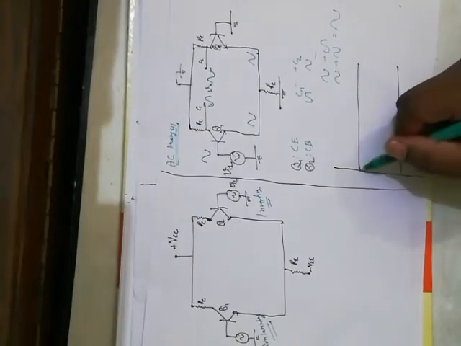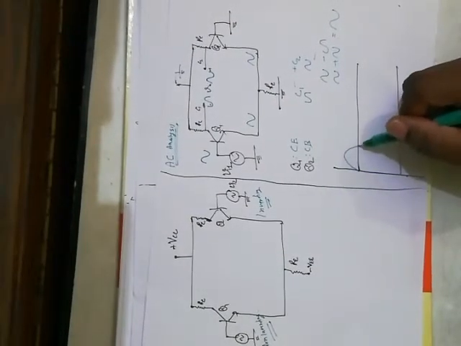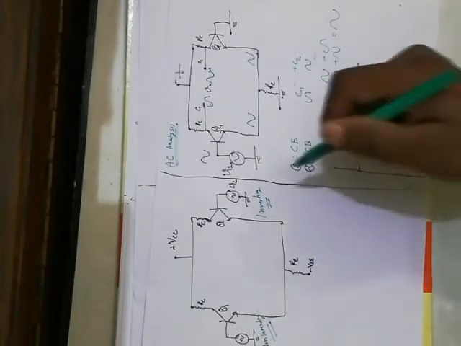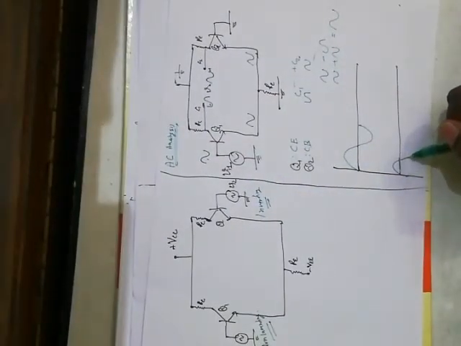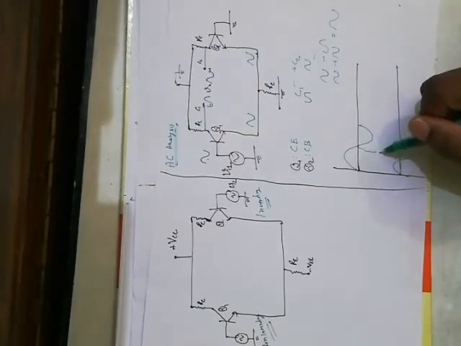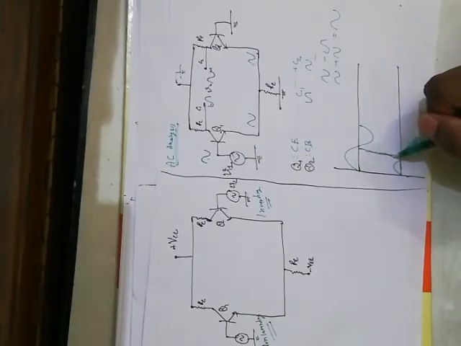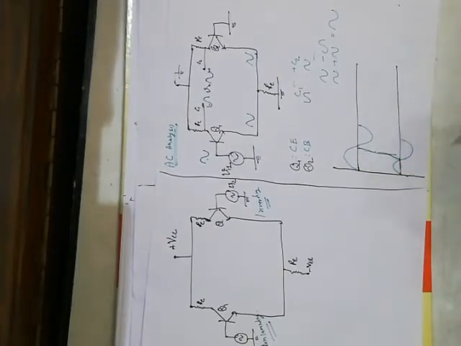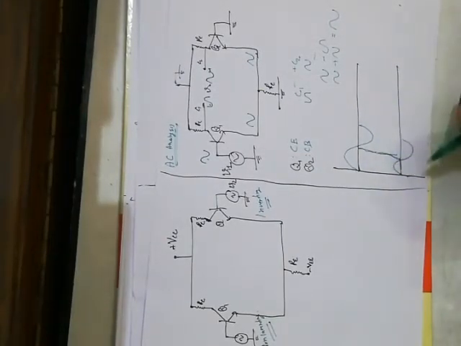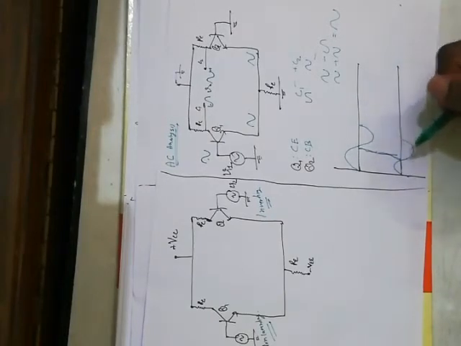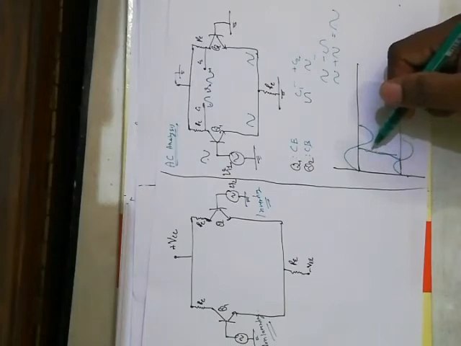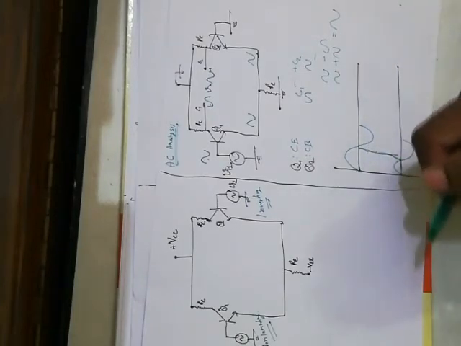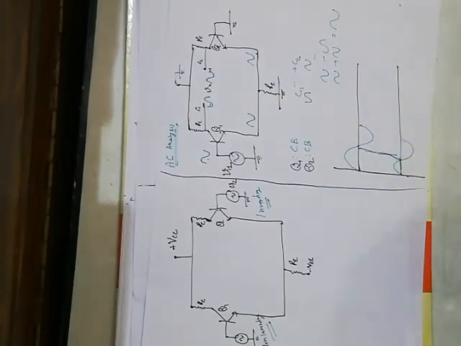So we are getting the output like this when input is this. And this is of the same frequency. Actually the drawing is not good enough, but the frequency is same. The input is this and output is this, so there is no phase change in the output. So that is why this terminal is called non-inverting terminal.